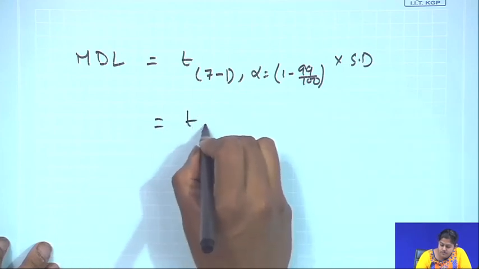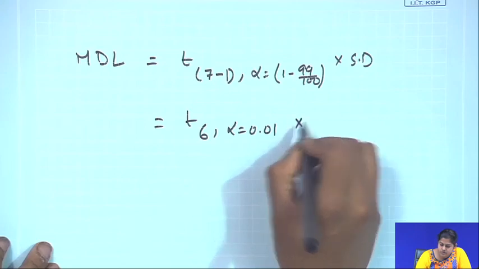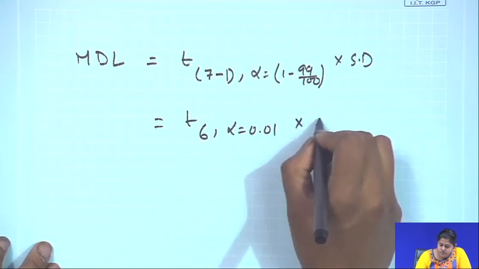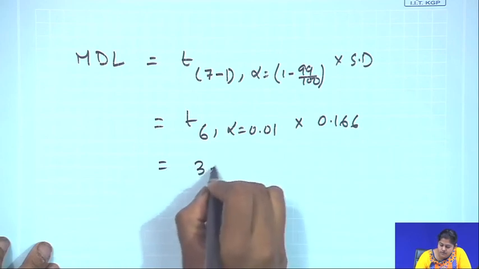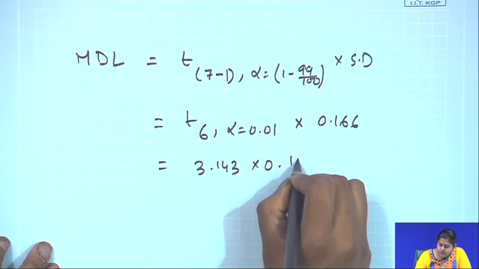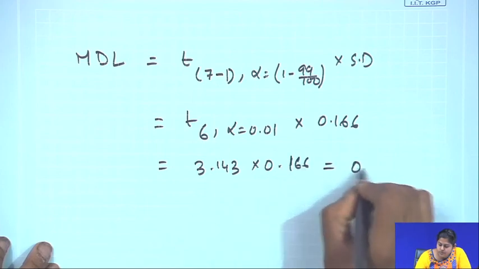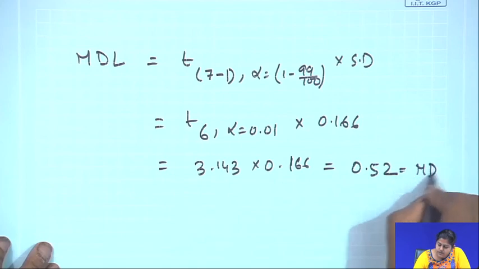So, this will be t 6, alpha equal to 0.01, into the standard deviation we know, 0.166. This t value is 3.143 multiplied by 0.166, which will be 0.52. So, this is the final MDL value.